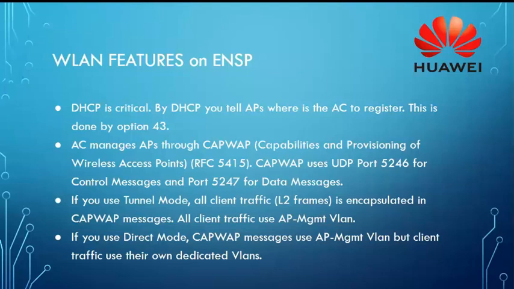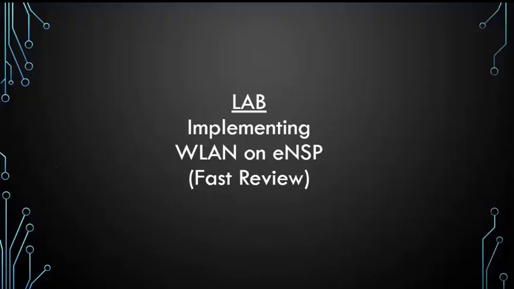So in a real deployment, some VLANs will be in channel mode and some others could be in direct mode. So you will see some kind of hybrid deployment. Okay, so those are the basic concepts that you have to know about deploying a wireless LAN on eNSP.